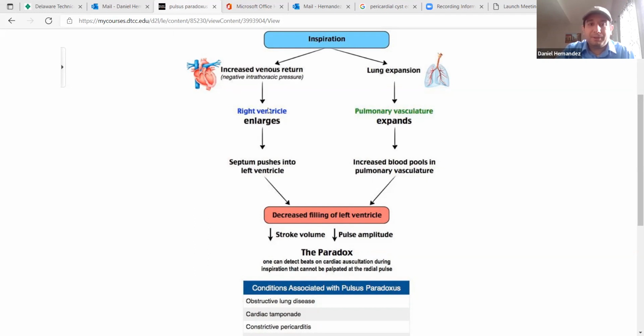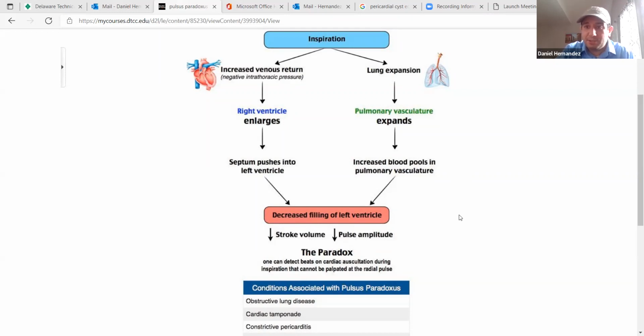The right ventricle enlarges and pushes the septum against the left ventricle. So this decreases the amount of filling in the left ventricle and decreases left ventricular output. So we have lower stroke volume and lower pulse amplitudes.